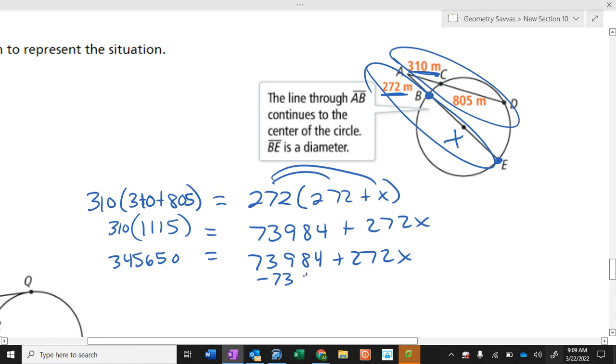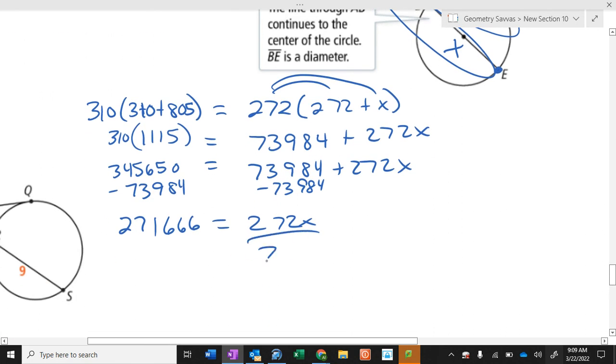So if we subtract 73,984 from each side, that should equal 272x, whatever that is. So it should be 27,000 something. 271,666. Then divide that by 272.